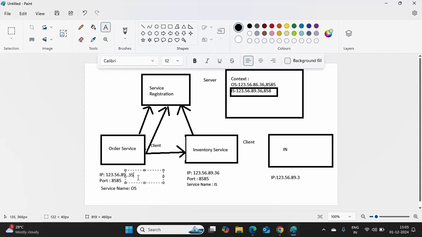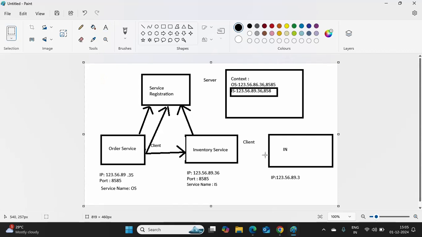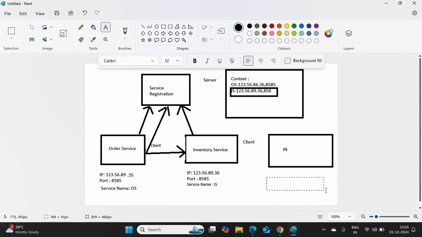Dot 35. This is 35. This is 36, and it is IP 123.56.89.37.